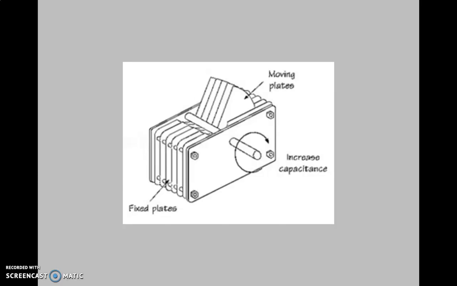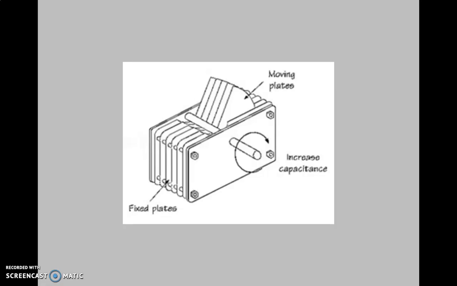They are usually made up of semicircular metal plates separated by an air gap. One set is fixed, and the other set is attached to a shaft which allows the user to rotate the assembly. This set of plates is fixed and this set of plates can be moved using a shaft.